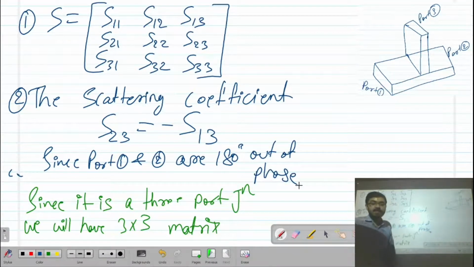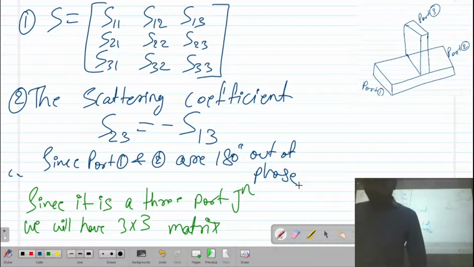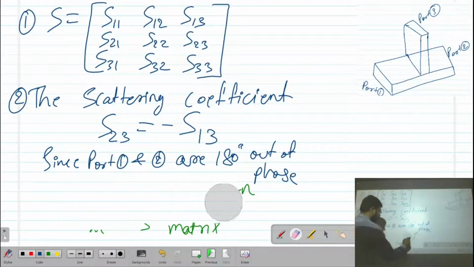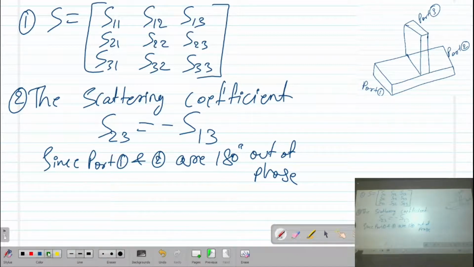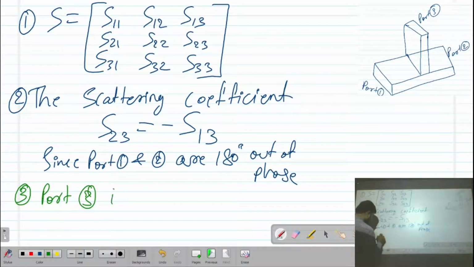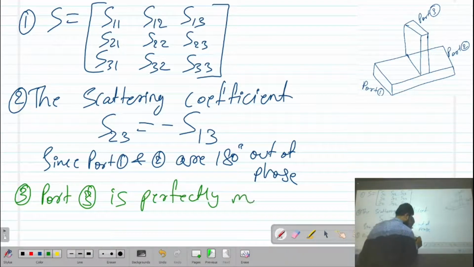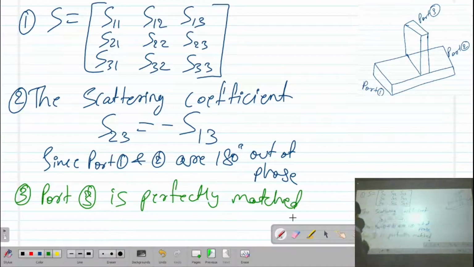This minus sign is due to that port 1 and port 2 are 180 degree out of phase. And port 3 is perfectly matched to the junction.